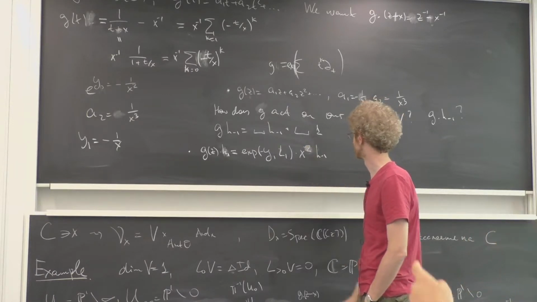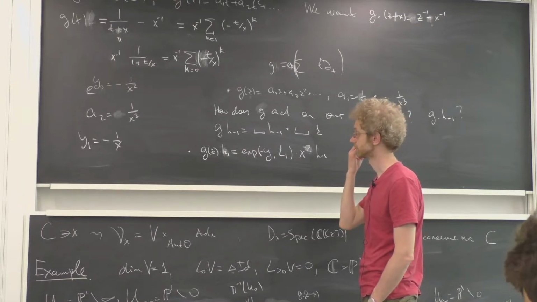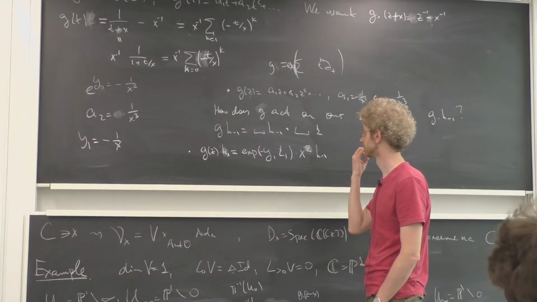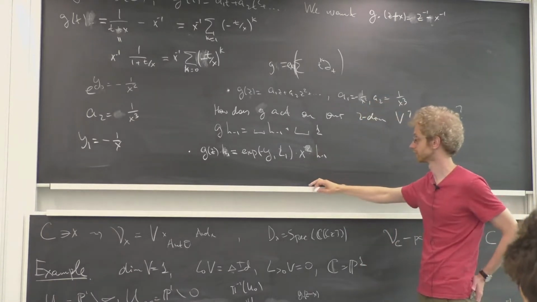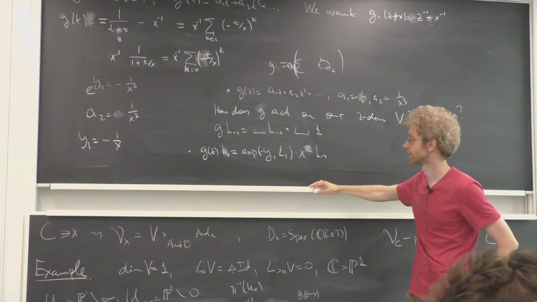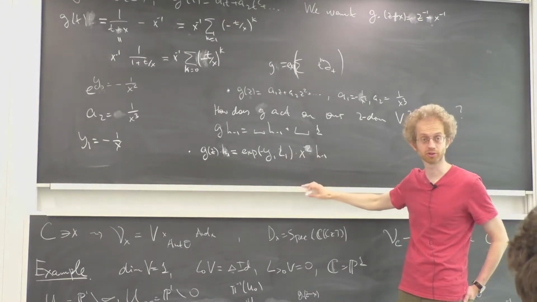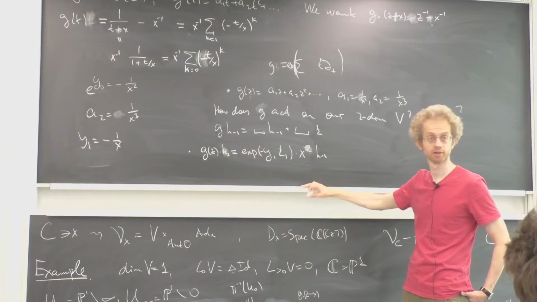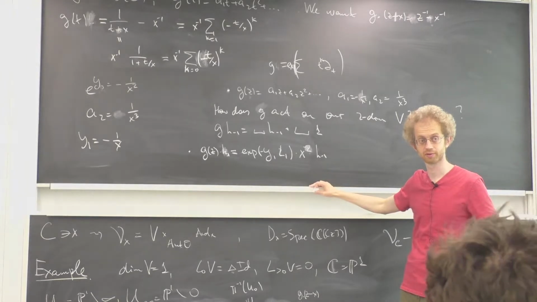Minus. It should be minus, sorry, it is written there. It equals minus 1 over x squared. Okay? And then we act with this operator on this. And L1 applied to h minus 1, you get 1. Okay?